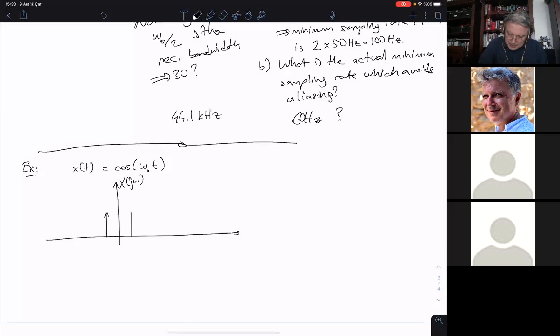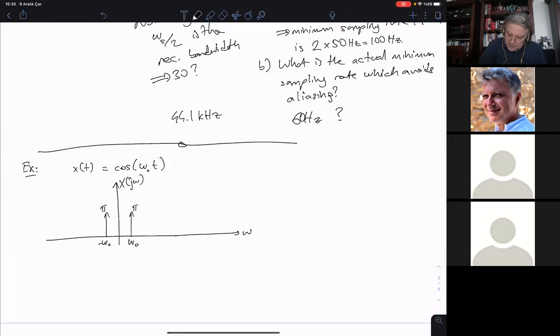Two impulses at omega 0 and minus omega 0. And from Fourier series coefficients, we know that the Fourier series coefficients from the Euler's expansion are 1/2 and 1/2. So when you multiply them with 2 pi, they will become pi and pi, like this, on the frequency axis.